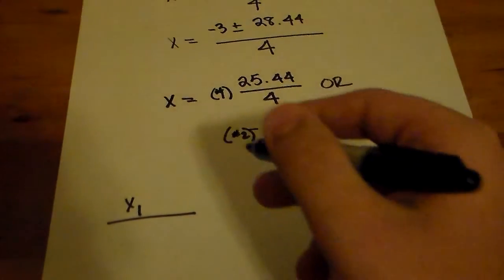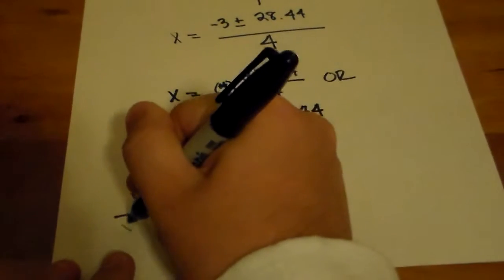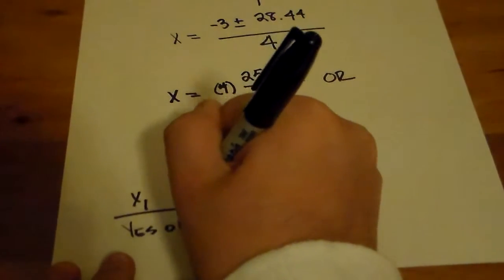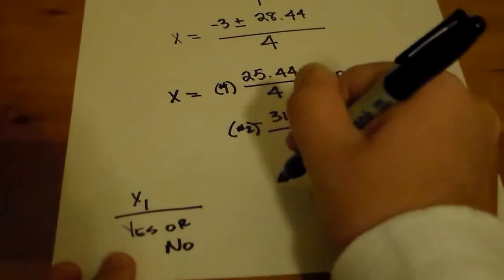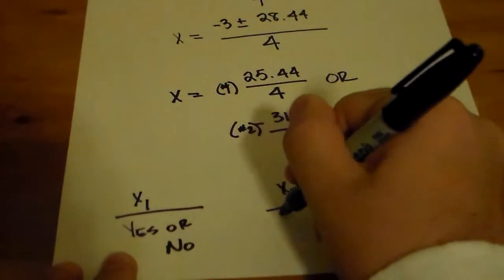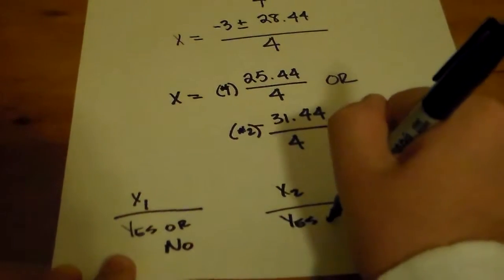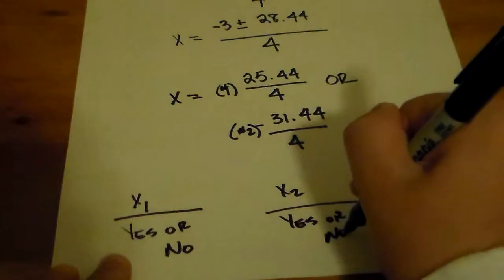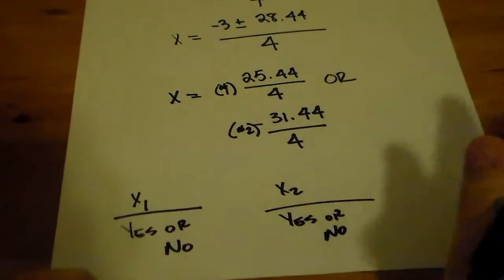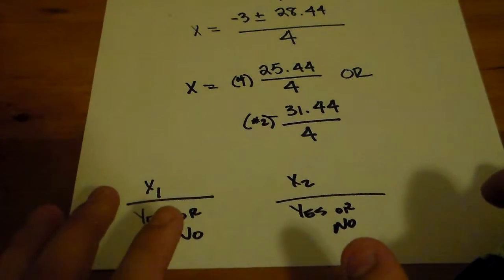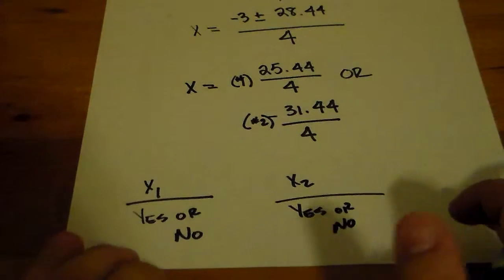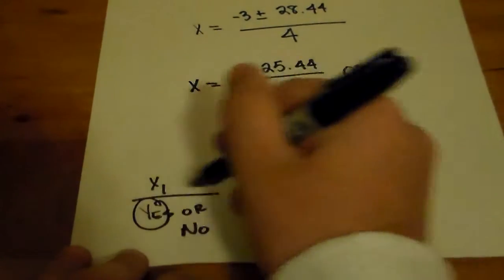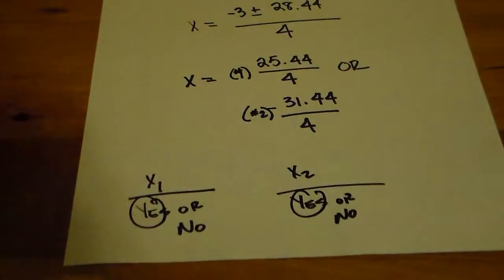So, yes or no, x2, yes or no. Basically, we can round those down to 0 themselves. So both of them are yeses. We can put those in and get 0 if we simplify it down.